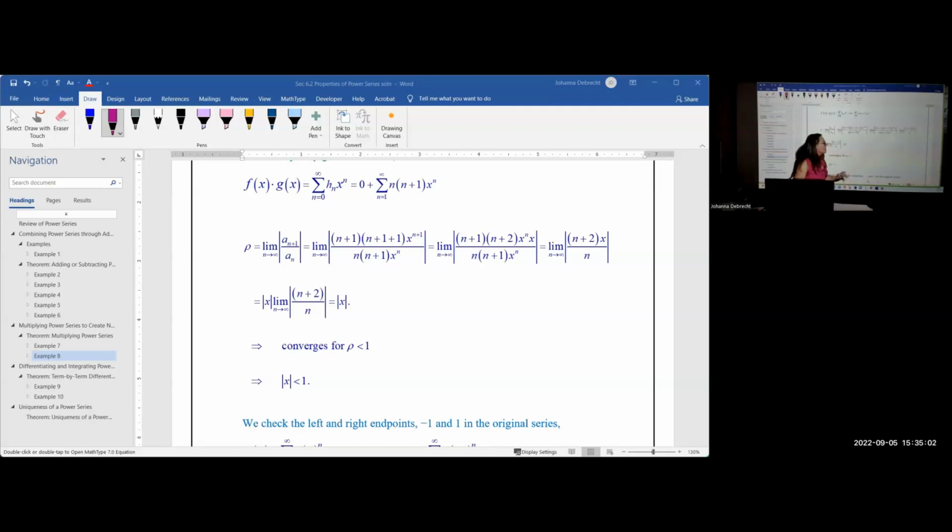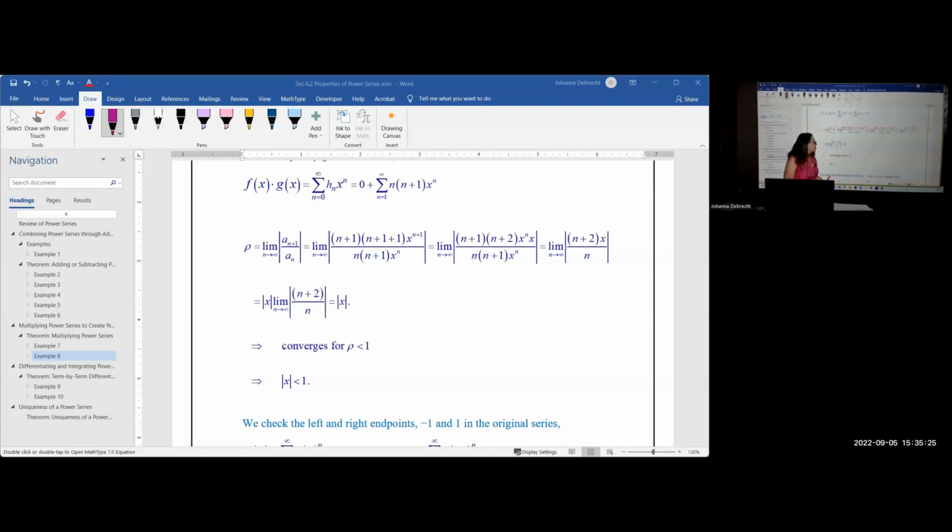Now x doesn't depend on that index of summation. It doesn't depend on n, so I can pull the x out of the limit, but it has to stay in absolute values because we don't know if it's positive or negative. Now, the limit of n plus 2 over n has form infinity over infinity. It's indeterminate.